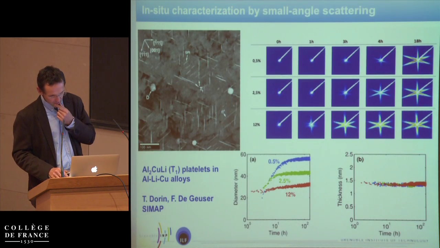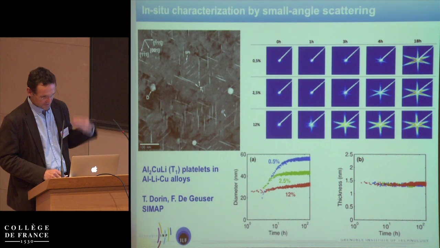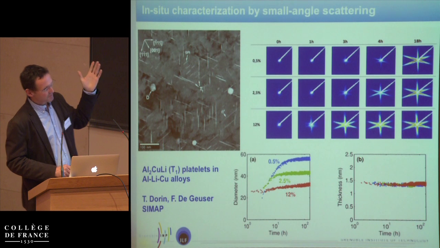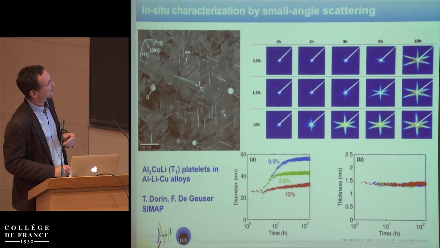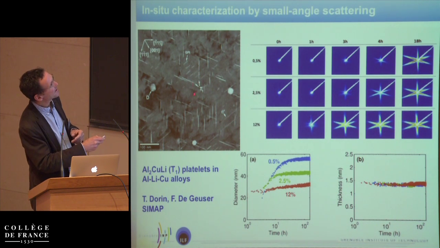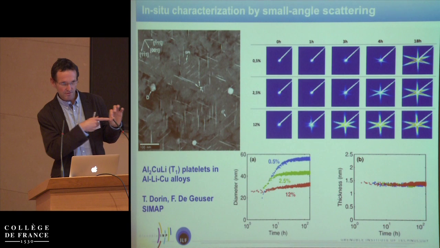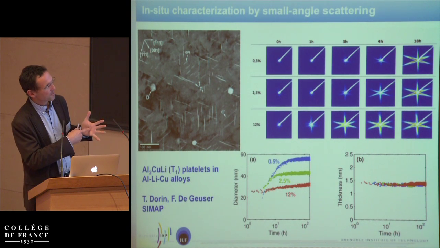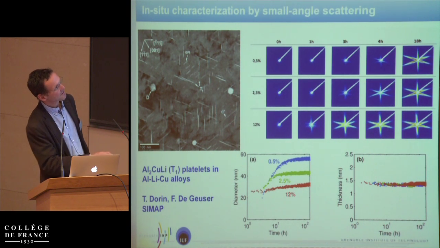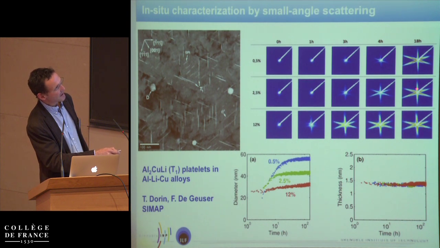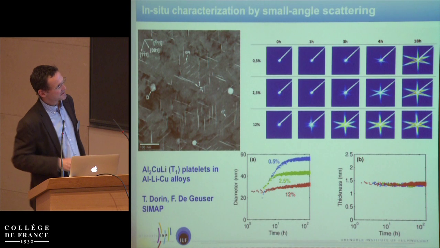Now, in terms of smaller scale, a nanometer scale, we've been doing quite a lot in small angle scattering. Here it's some platelets in aluminum alloys. These platelets give rise to small angle scattering if you send a parallel beam to the sample. The characteristics of these streaks are dependent on the geometry of the platelets.